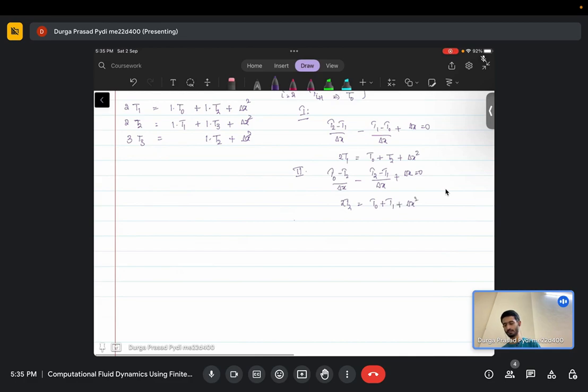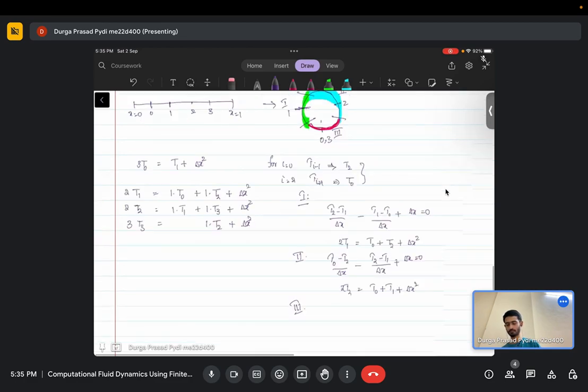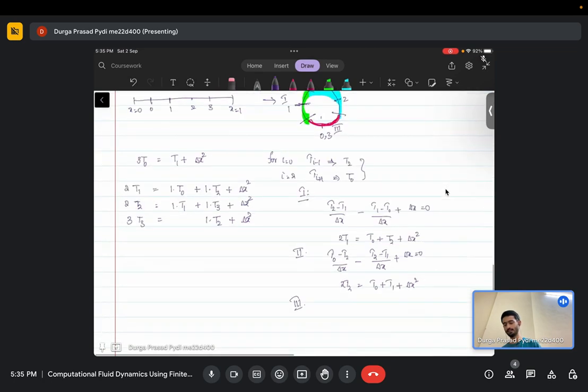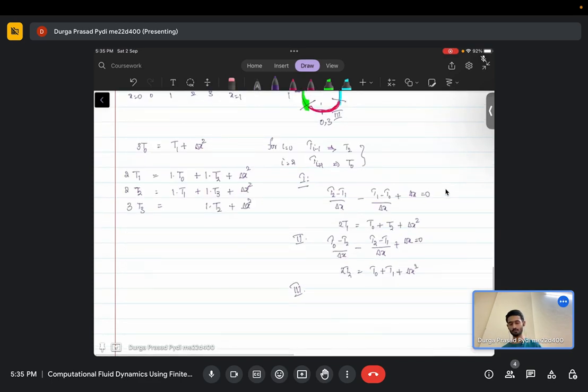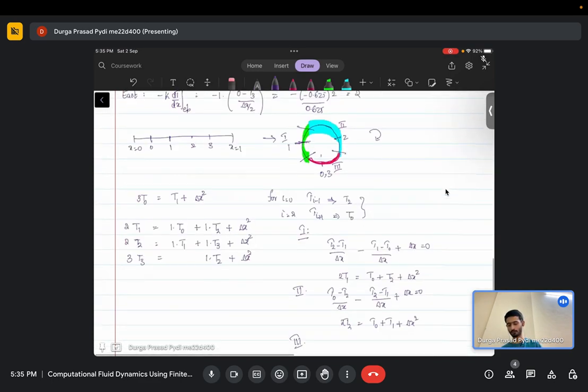Now similarly for region 3, if you go in this direction, whatever comes in the forward positive direction I'm considering as east, and in the other direction I'm considering it as west. It's just a notation, you can follow whatever way you want.